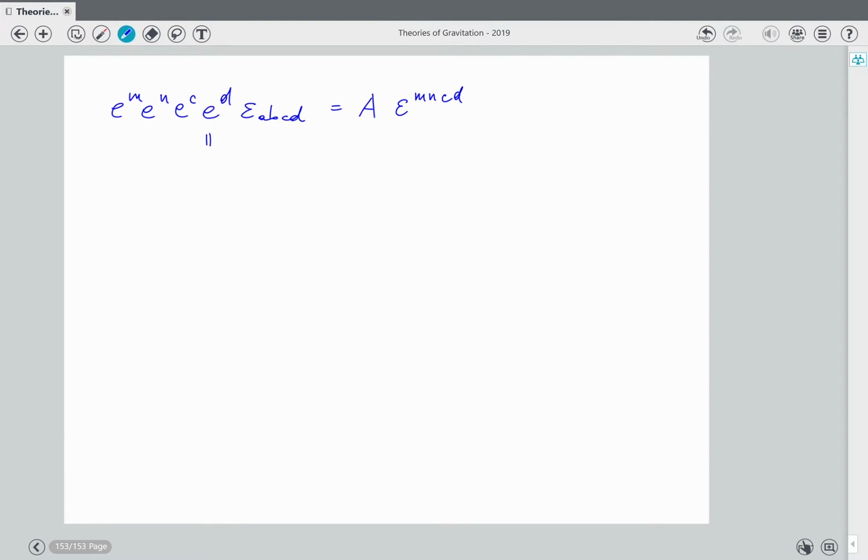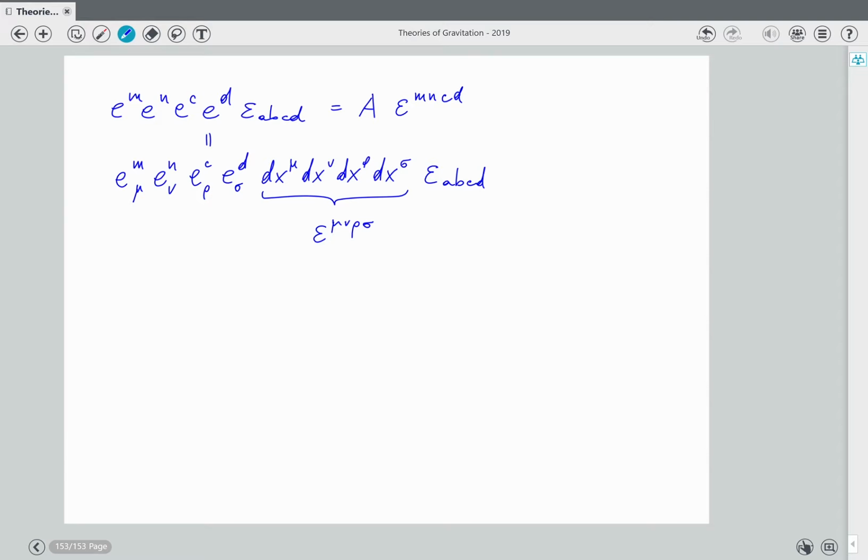And we can also write this as E^m_mu, E^n_nu, E^c_rho, E^d_sigma, dx^mu, dx^nu, dx^rho, dx^sigma, epsilon_{abcd}. Again, this is easier. This must be proportional to epsilon_{mu nu rho sigma}, because it is completely anti-symmetric.